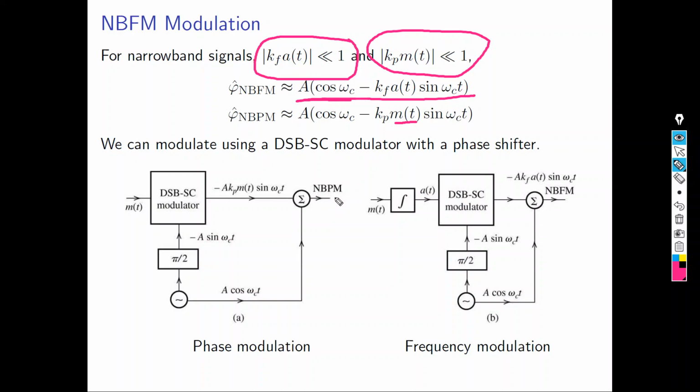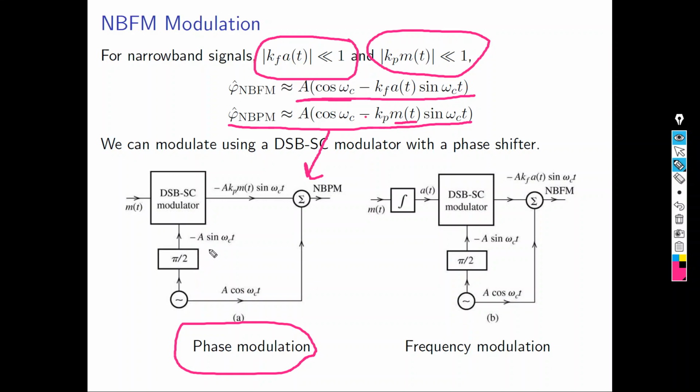For example, for narrowband phase modulation, you can get this equation by this block diagram. You have your message signal m of t, you multiply it by sine omega c t, with a minus sign, and a.